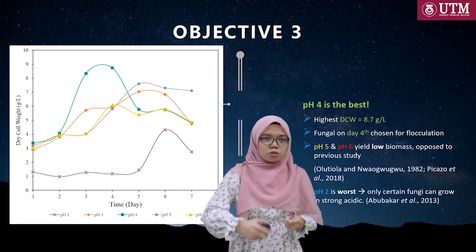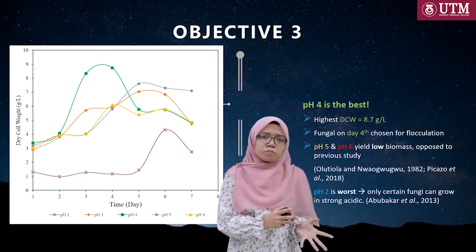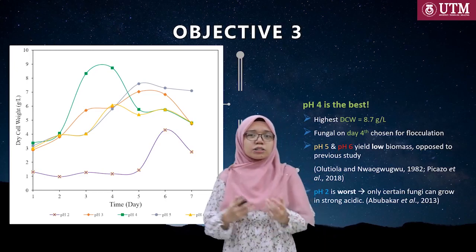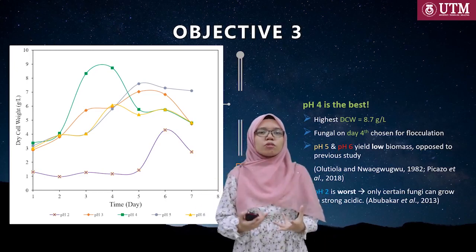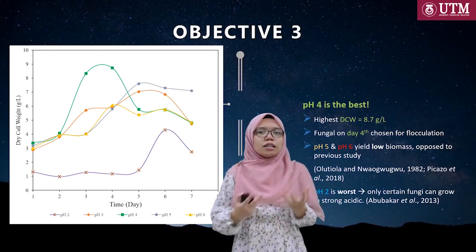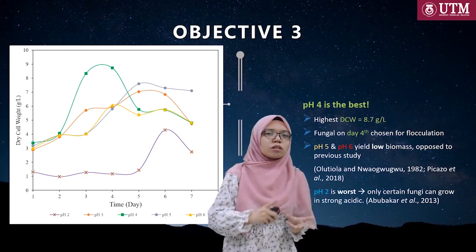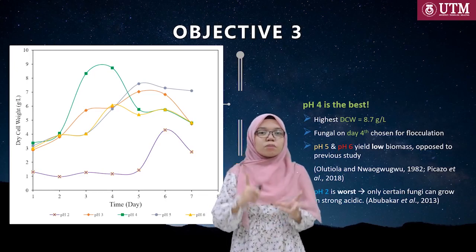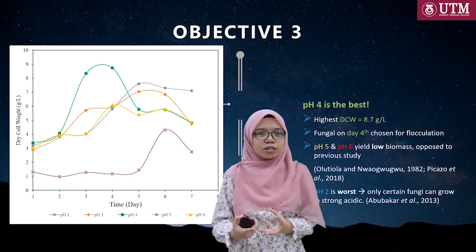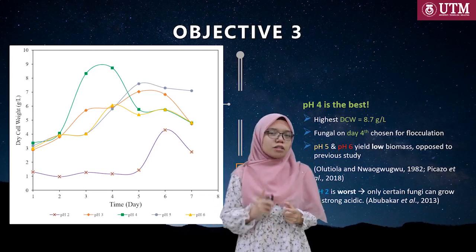As opposed to previous studies reporting pH 5 and pH 6 as the optimum range for Aspergillus aculeatus, in this study pH 5 and pH 6 yield lower biomass than pH 4, which may be because of the different adaptation of the fungus.